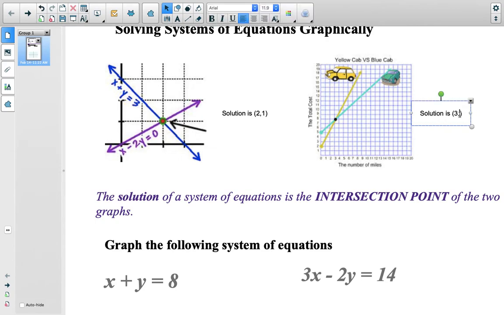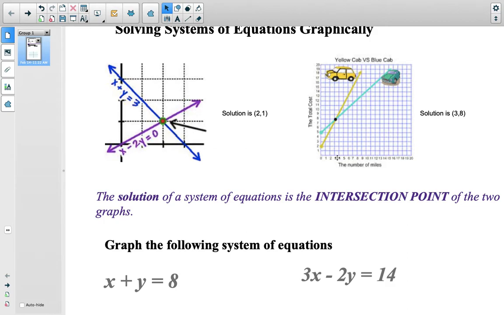So 3 comma 8. Well, what does that mean in real life in this situation? That means given 3 miles, the total cost is going to be 8. Now, I don't know what it's talking about, but I'm assuming gas.